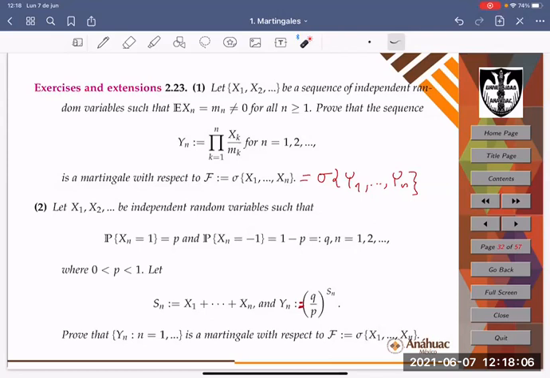And next, they define a sum, right? And a quotient, which is raised to this power, to the S_n-th power, right? And now they ask us to prove that Y_n, that is this quotient raised to this power, is a martingale with respect to this particular filtration.